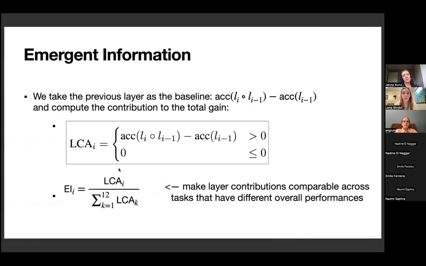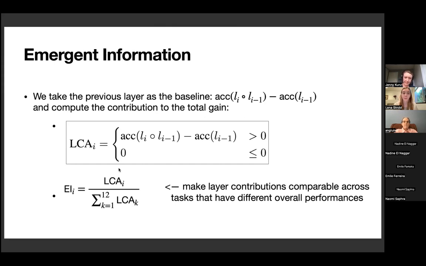And yeah, we now use this idea, and instead of a global baseline, we always take the previous layer as our baseline representation in this formula. So we concatenate the current layer Li not with a global baseline, but with Li minus 1.